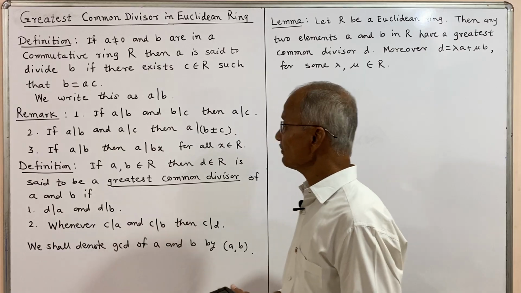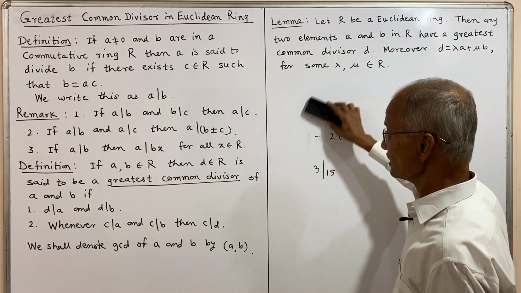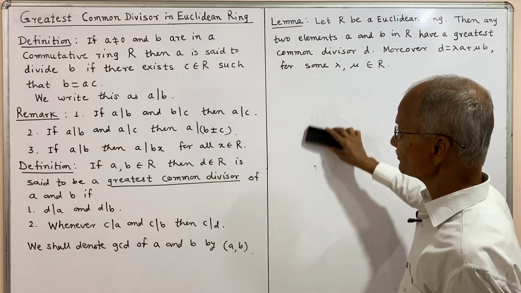First is, if A divides B and B divides C, then A divides C. This is obvious.